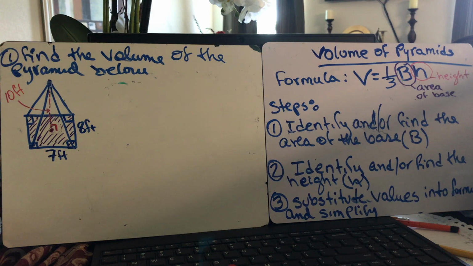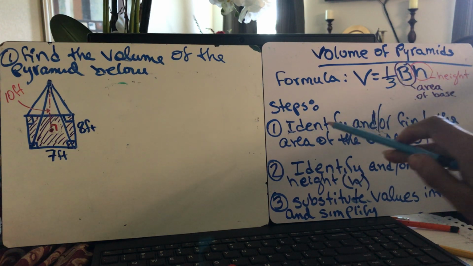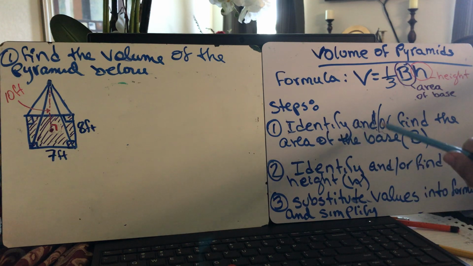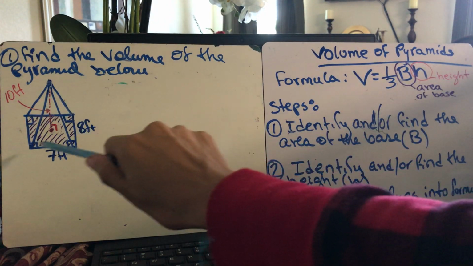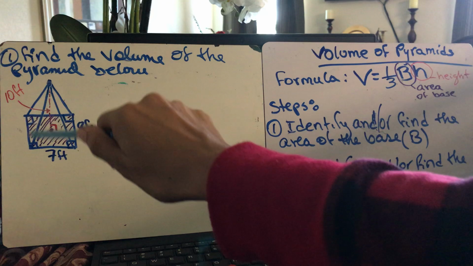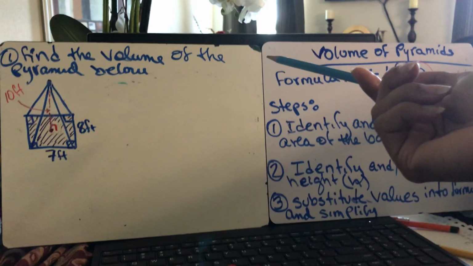Okay, so the steps here to find the volume: first, identify and/or find the area of the base. And that area of the base, we always write down as a capital B. So I'm going to identify the base, because my base is not all the time going to be a rectangle, which I see right away that it is.